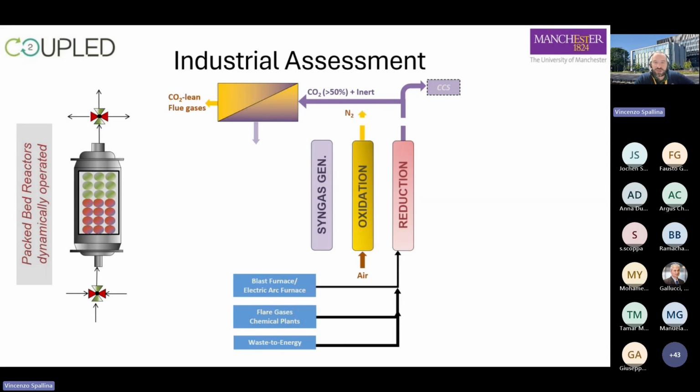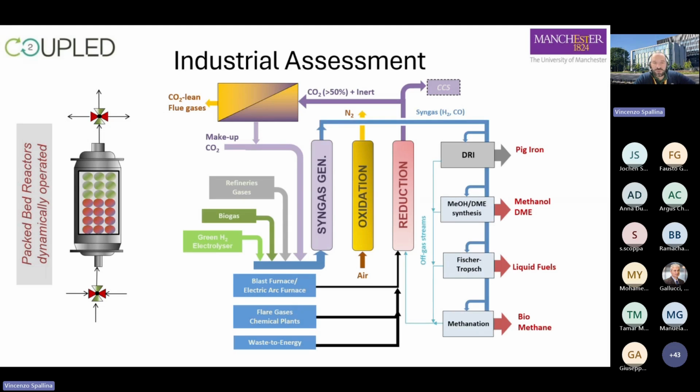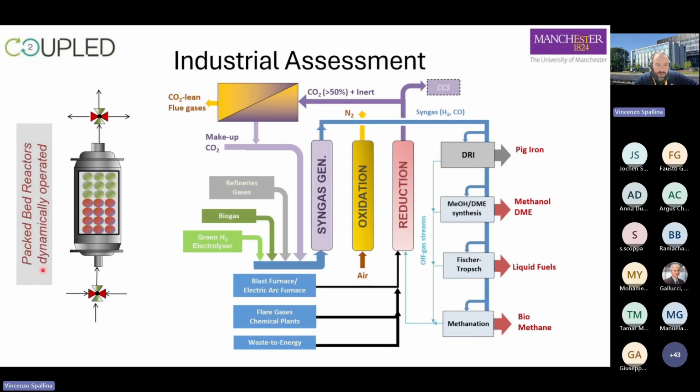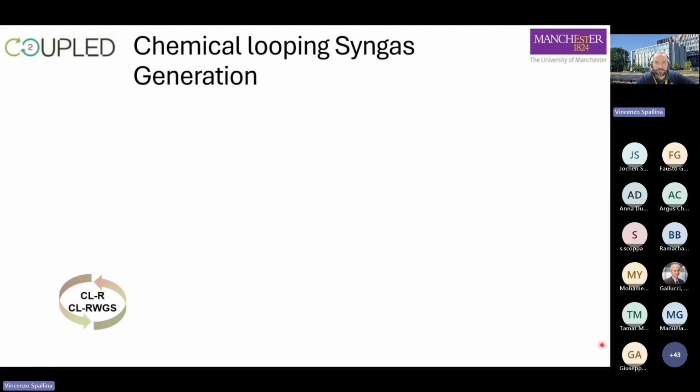From there, we will get a CO2-rich stream, which will be later on purified. And finally, we do the syngas generation by combining either refinery gas, biogas, or green hydrogen together with CO2. The syngas generated will later be used for producing either iron, methanol, DME, liquid fuel, or can also be considered for biomethane.